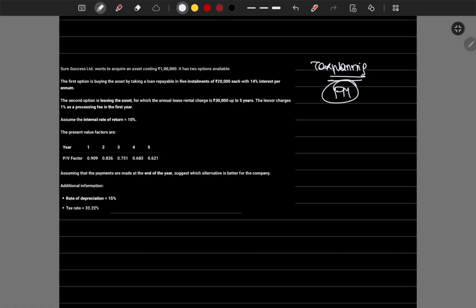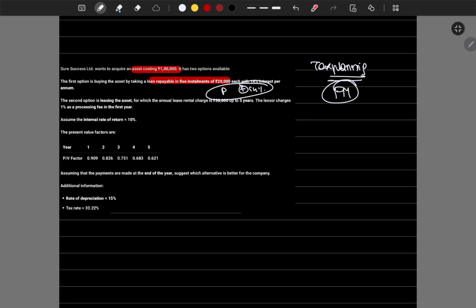Now what they are saying is the company wants to acquire an asset costing 1 lakh. They have two options: buying the asset, with a loan repayable in 5 installments, which is 20,000 principal each, plus 14% interest.